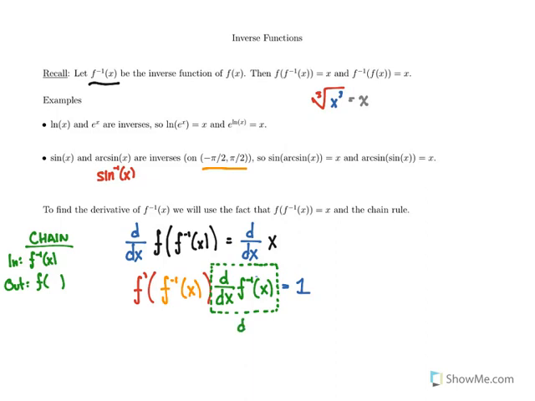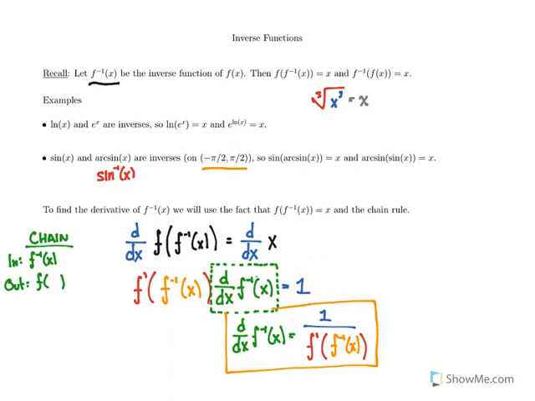And this will give us that the derivative of the inverse is equal to 1 over f prime of f inverse of x. There is our formula that we can use to find derivatives of log and inverse trig functions.